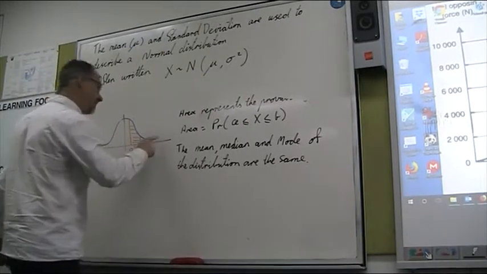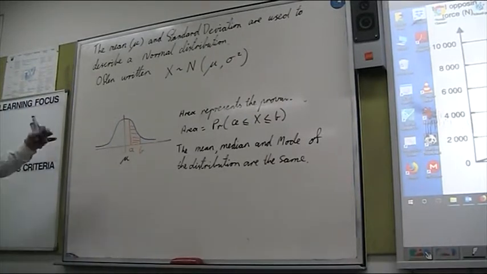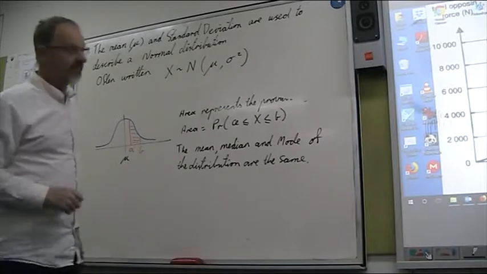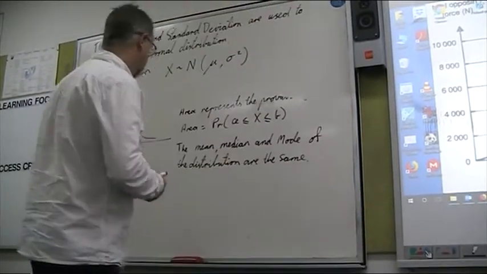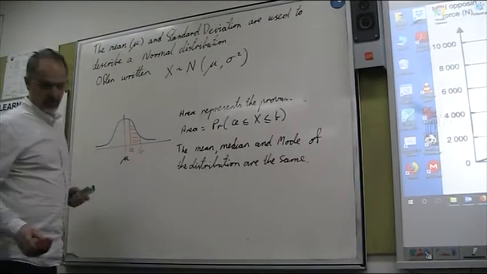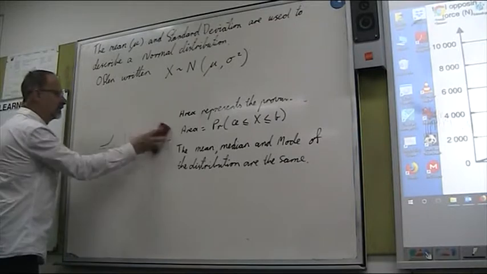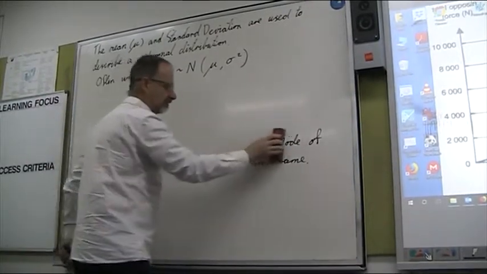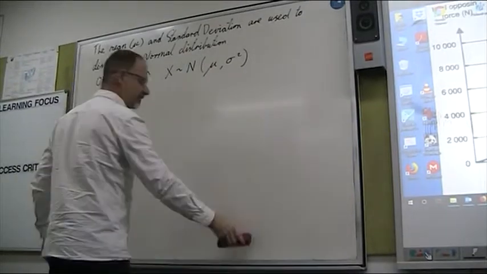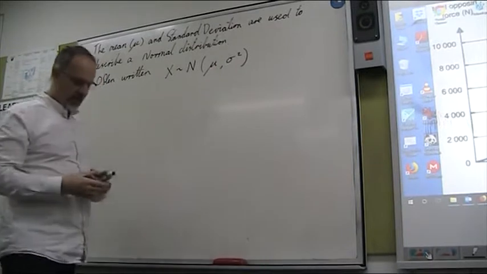Alright, so the question is, if this has got a nice little curvy thing here, it must have some sort of equation, and it does have an equation, the equation of the standard normal, as it's called. And the standard normal is the normal distribution which has a mean of 0 and a standard deviation of 1.